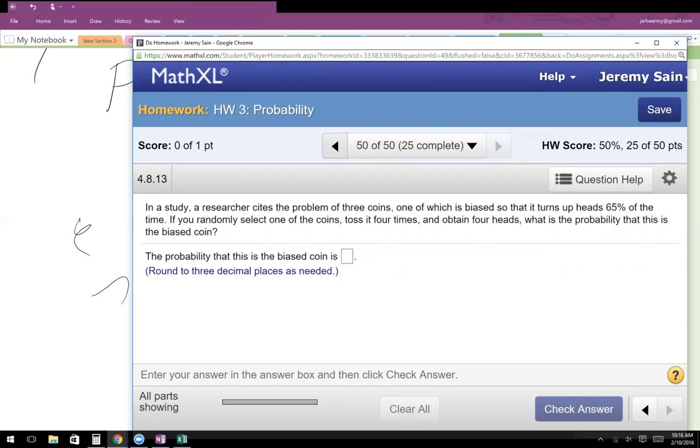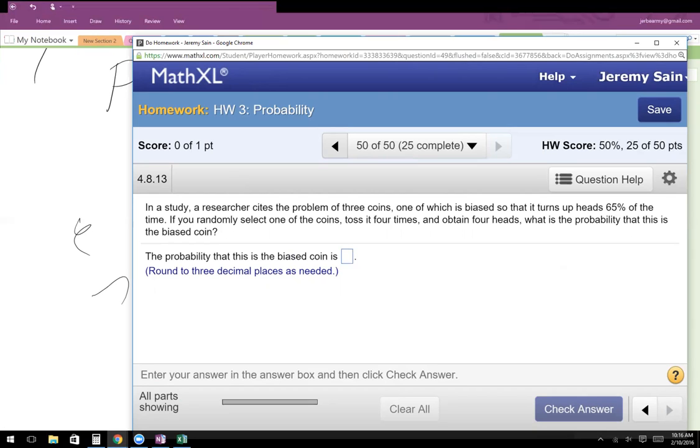What do y'all think? Study researcher sites the problem of 3 coins, one of which is biased, so it turns up heads 65% of the time. You select one of the coins, toss it 4 times, and obtain 4 heads. What's the probability that this is the biased coin? Do you think it's weird to get 4 heads in a row?